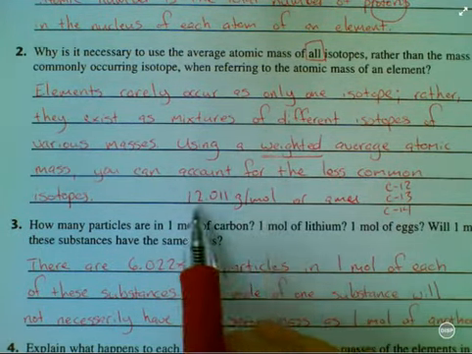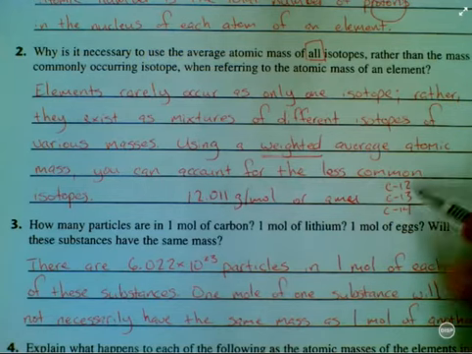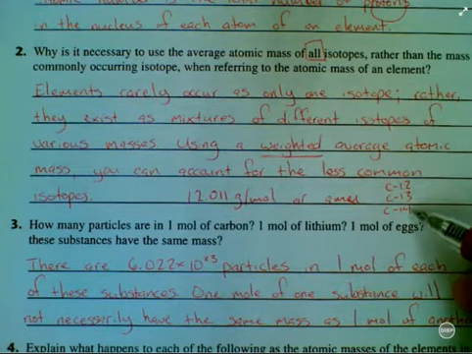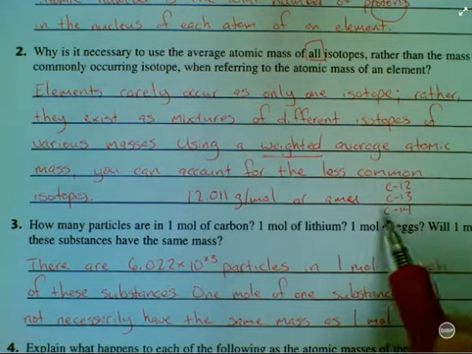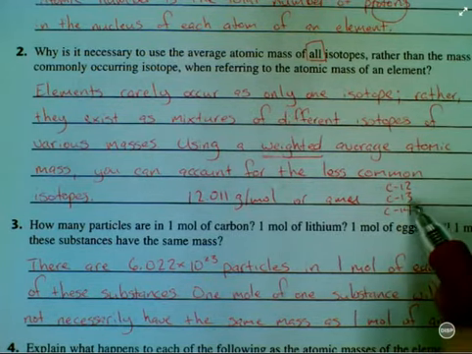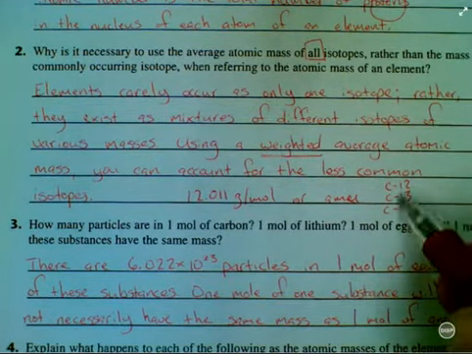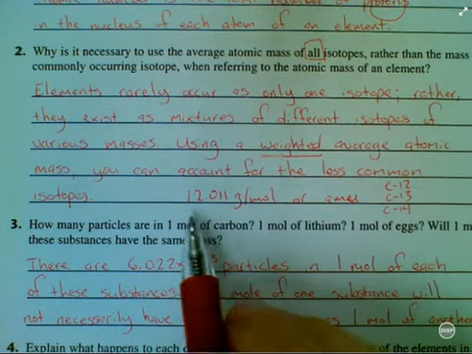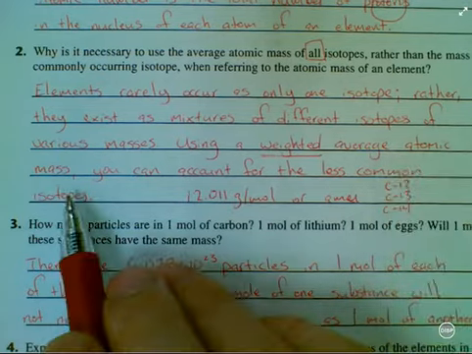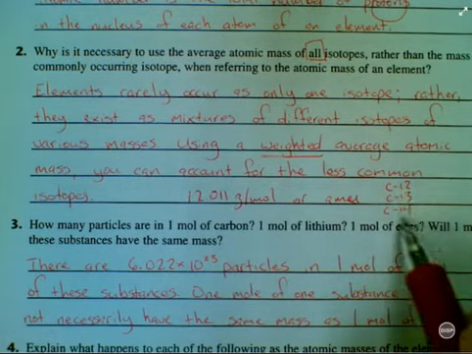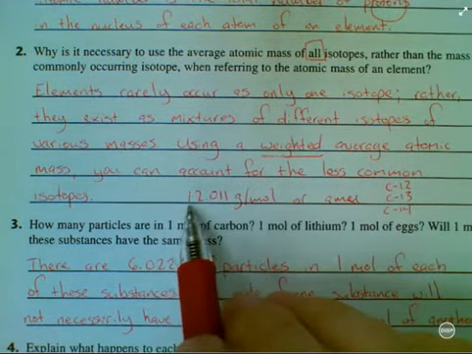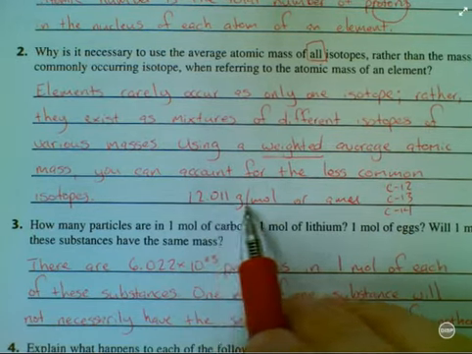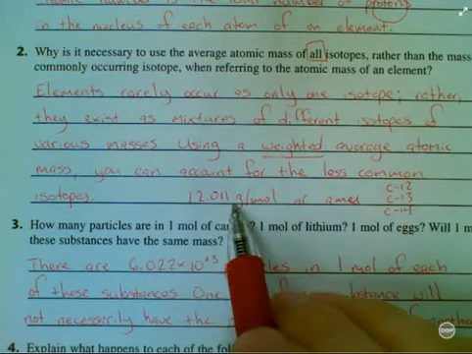I don't know if any of you have noticed this before, but if you take the sum of all 3 of these numbers, 12 plus 13 plus 14, and then you average them, divide them by 3, you get 13. The average of these 3 numbers right here is 13. So why isn't the average atomic mass, the average of all these different masses, why isn't the value reported on the periodic table 13?